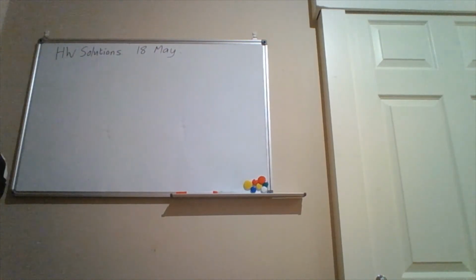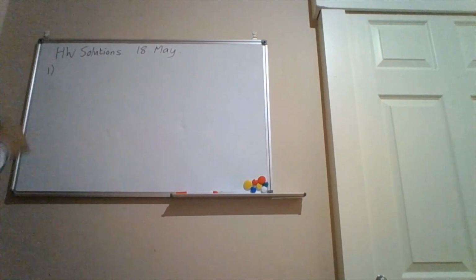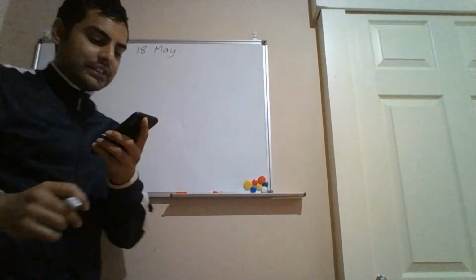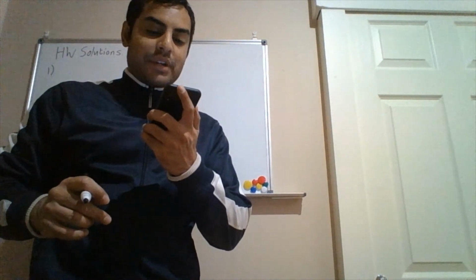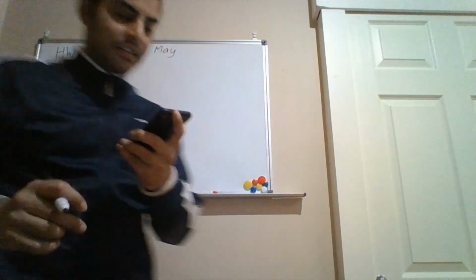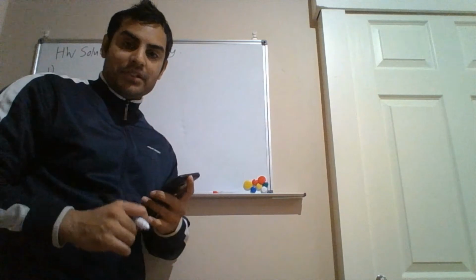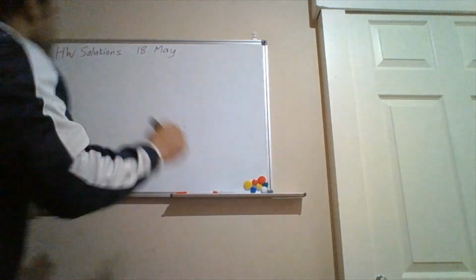So the first question is a scale problem. Recall that there are 10 millimeters in 1 centimeter and that 1 centimeter squared covers the same area as 100 millimeters squared. Before we jump into that problem, I just want to show you how they get that.